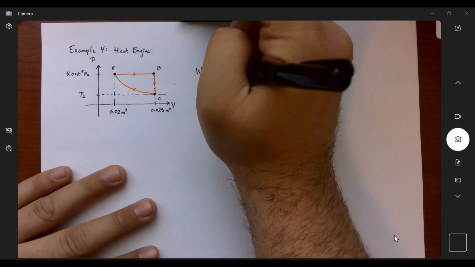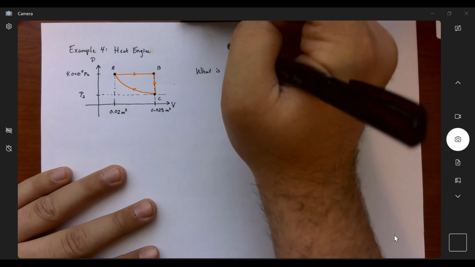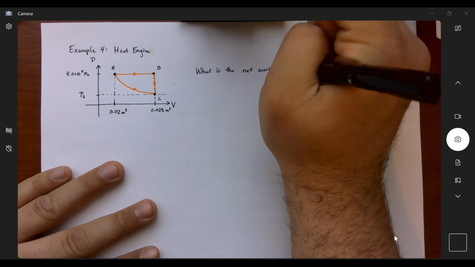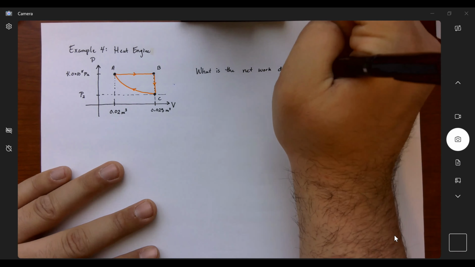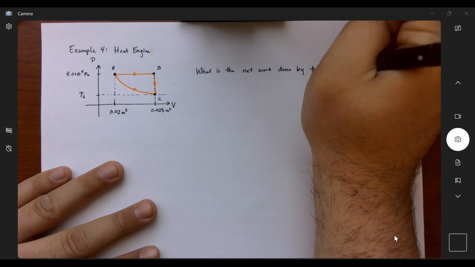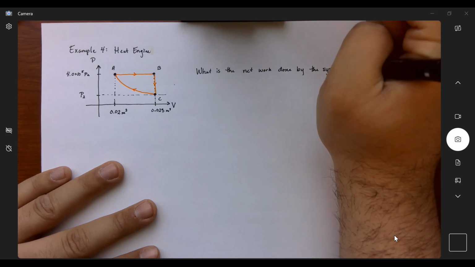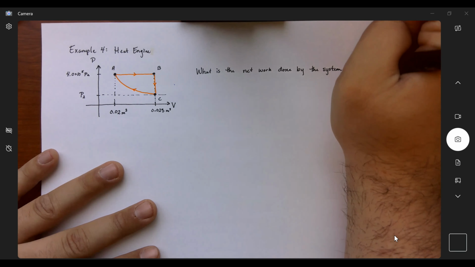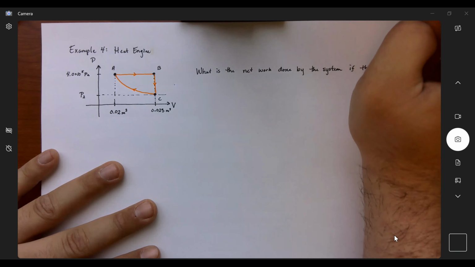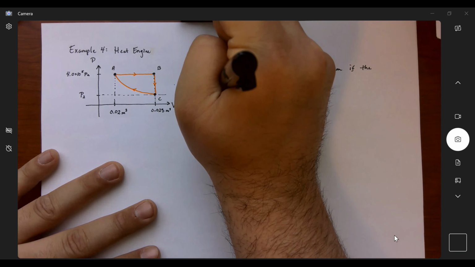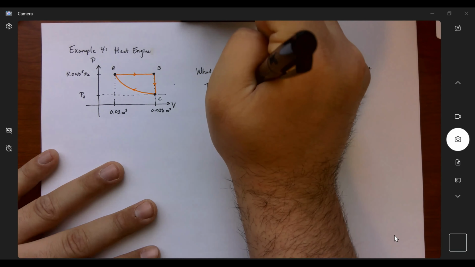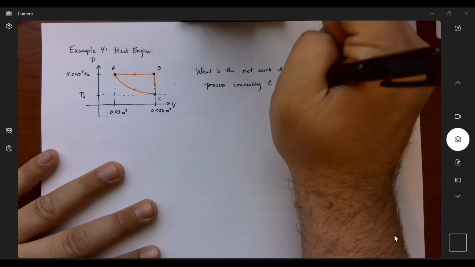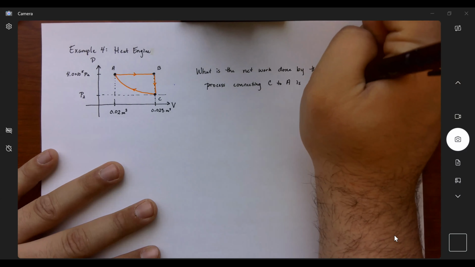So I may ask, what is the net work done by the system if the process connecting C to A is an isotherm?